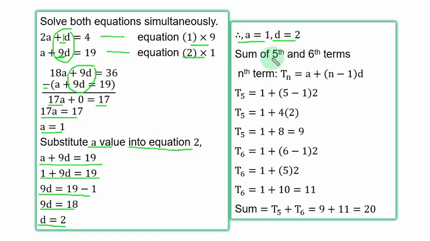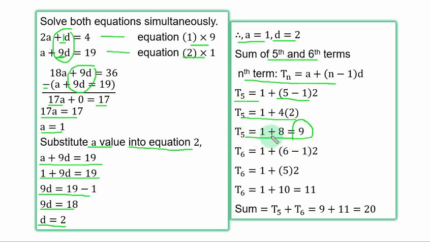We are to find the sum of the fifth and sixth terms. That means you are to get the fifth term and the sixth term using the nth term formula, and you add both. So the fifth term, T sub 5, is equal to 1, the first term, plus, at this point N is 5, 5 minus 1 times 2. You have this result.